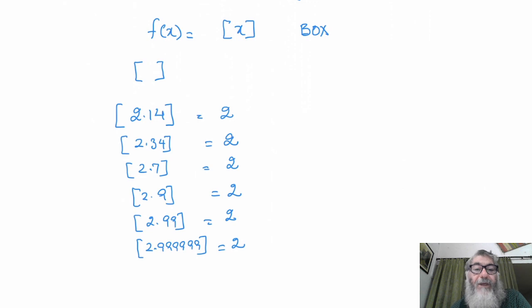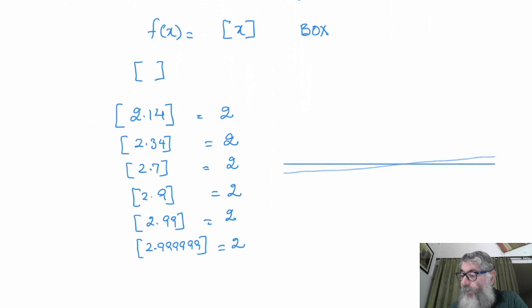The best way to find the greatest integer function is to use the number line. For example, draw the number line. Suppose this is 1, I mark it as 1, I mark it as 2, I mark it as 3.